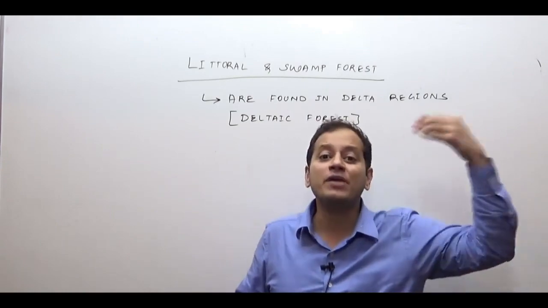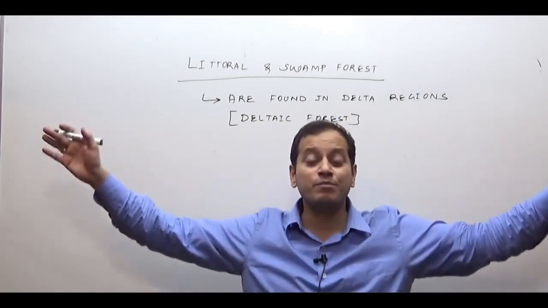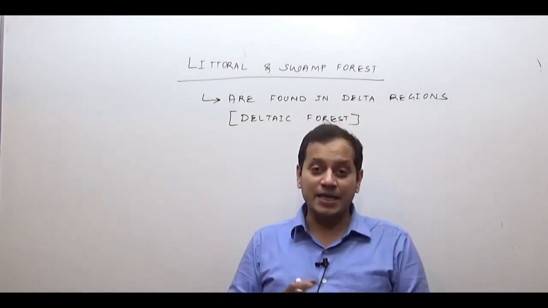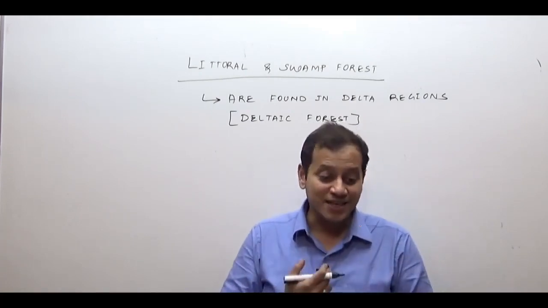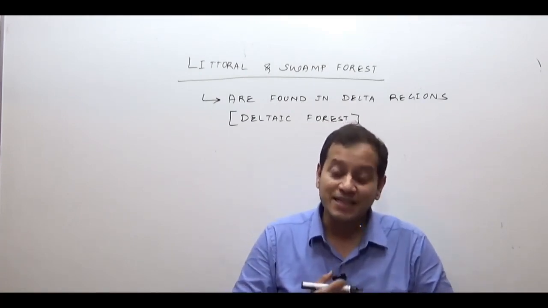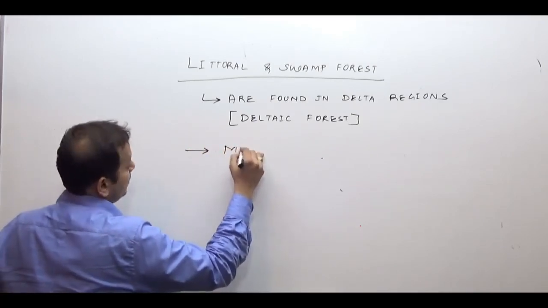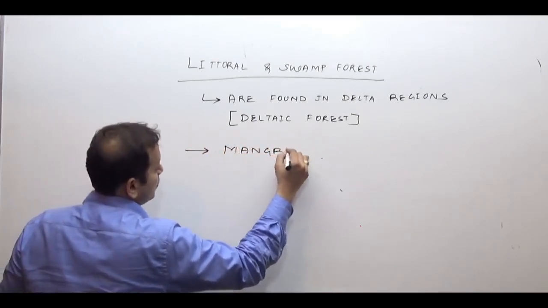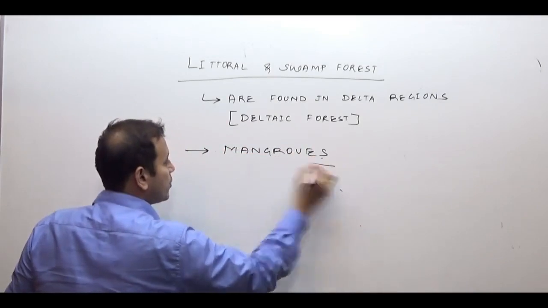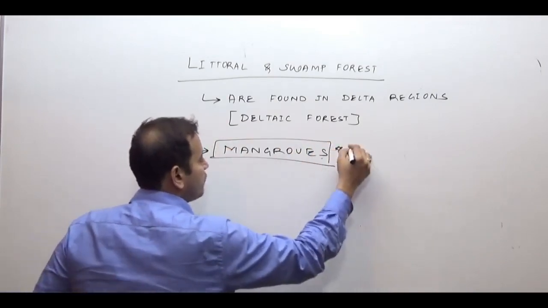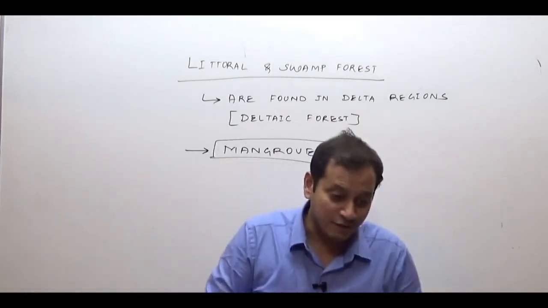It is also found in the Rann of Kutch region, which is one of the biggest marshy lands in India. So in this region, what dominates? Mangroves dominate. Mangroves are the most important vegetation of the delta forest region.